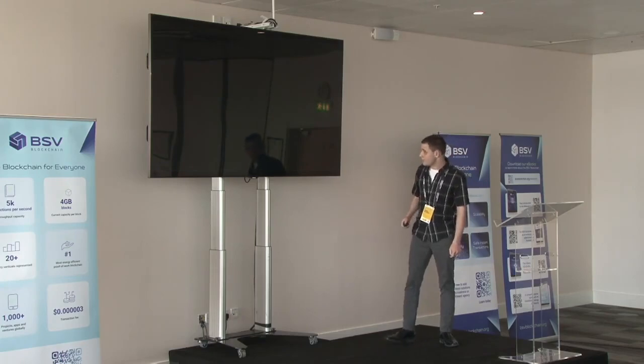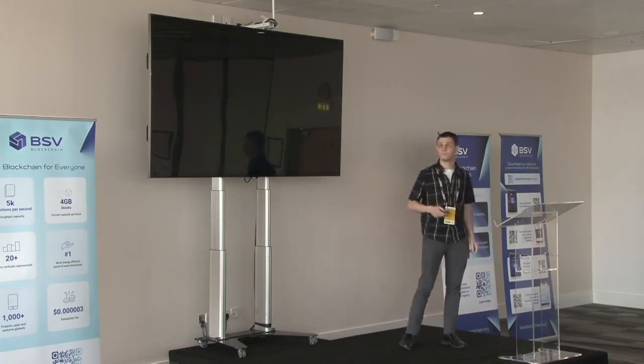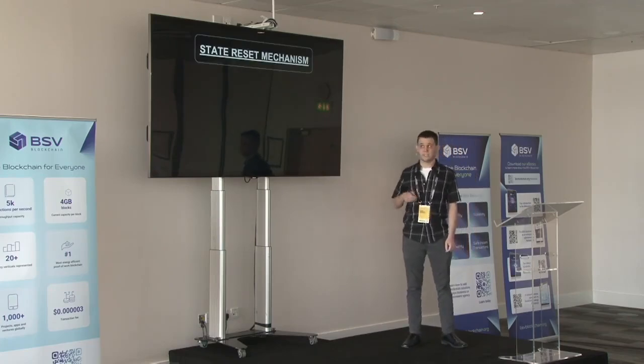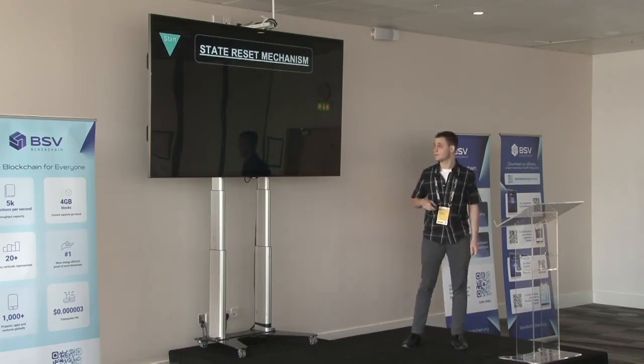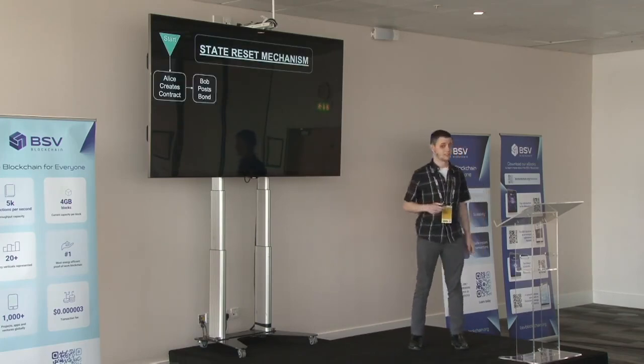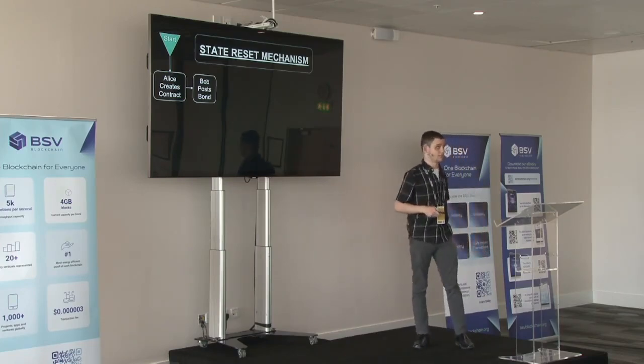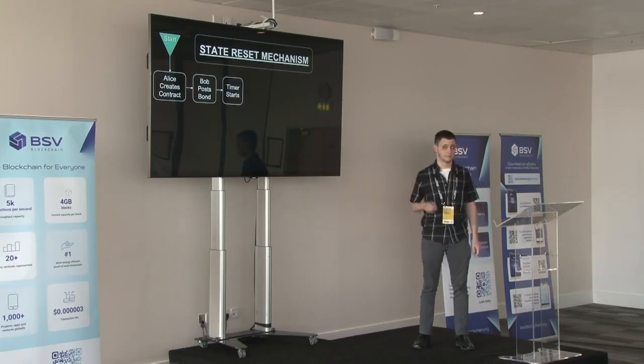So, that's the initial thing. Let's have an example. So, like we had before, someone's going to get started, and Alice is going to propose a contract. Bob is going to post his bond this time. The timer is going to start.